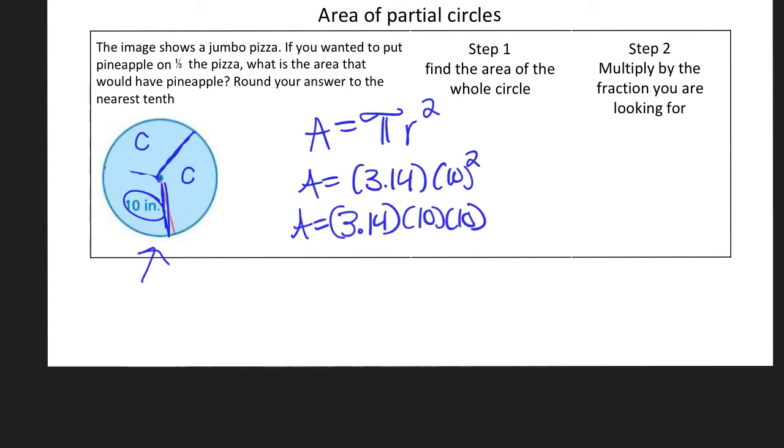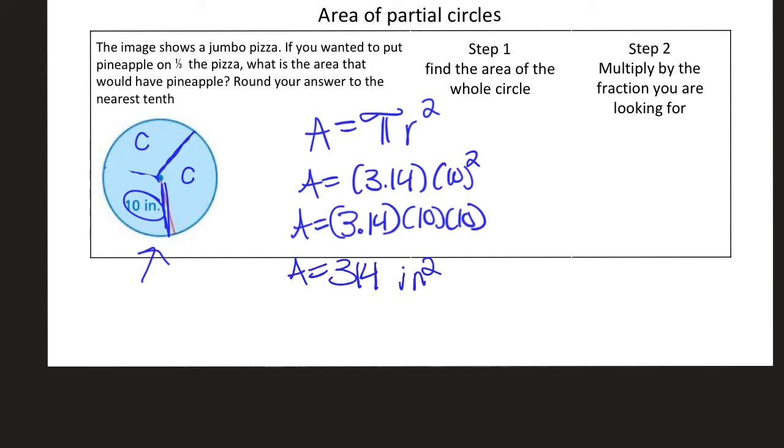Squaring a number means to multiply it by itself, so this is really pi times 10 times 10. And when I multiply all that together, you get that the area of the whole pizza is 314 inches squared.